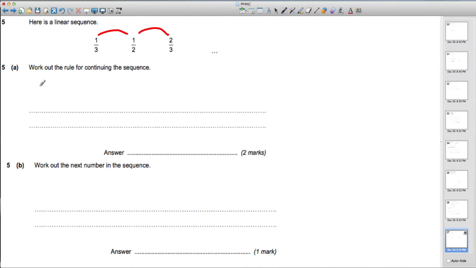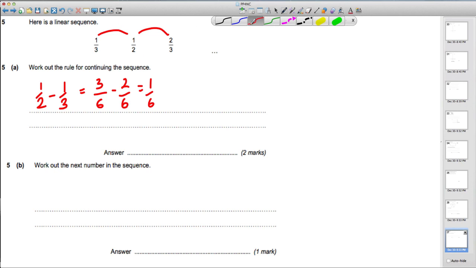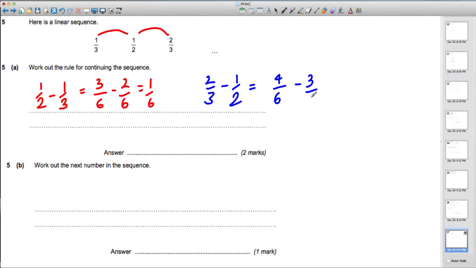Let's work that amount out. A half subtract a third, make them both over 6, so that'd be 3/6 subtract 2/6, which is 1/6. So they must be going up in 1/6. Just to double check that, let's do 2/3 subtract the half. Make them both over 6, so that'd be 4/6 subtract 3/6, which again is 1/6. So the rule is add 1/6.